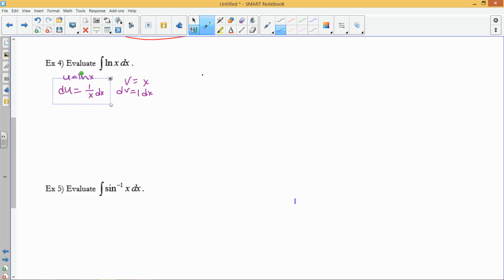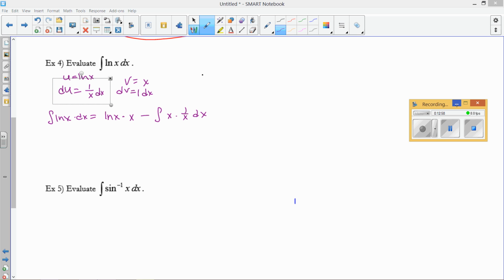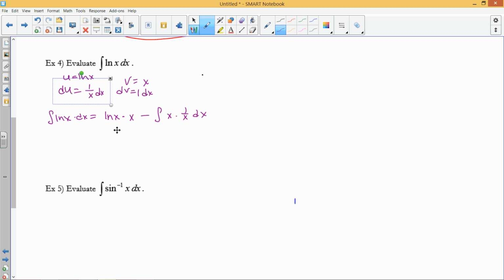So then the integral of u dv is u times v minus the integral of v du.